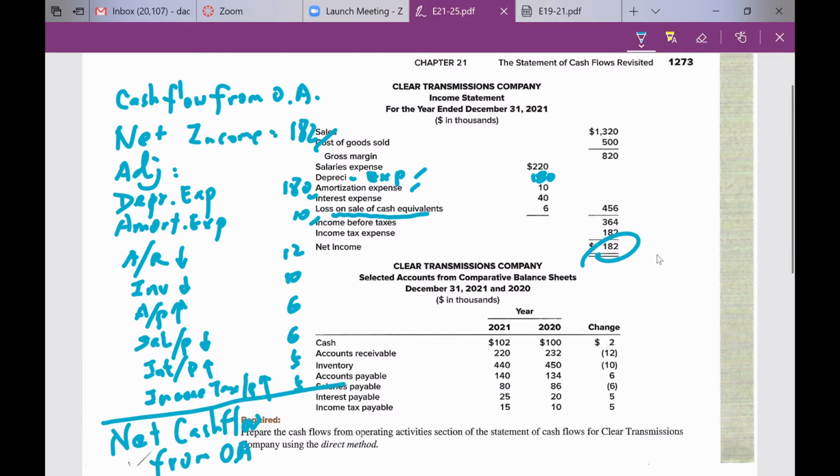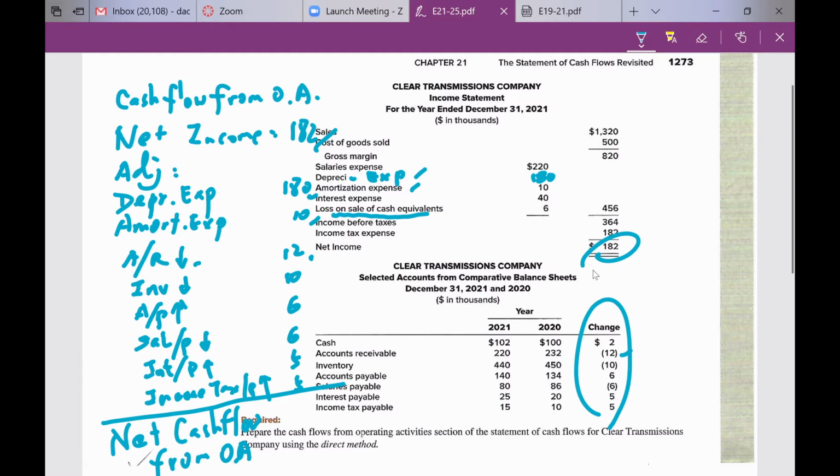Then the third type of adjustment is changes in current assets and current liabilities, which are already calculated for us here. Accounts receivable decreased by 12. When an asset decreases, you need to add.